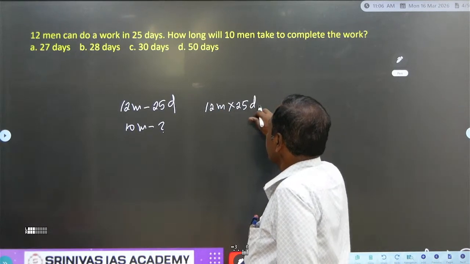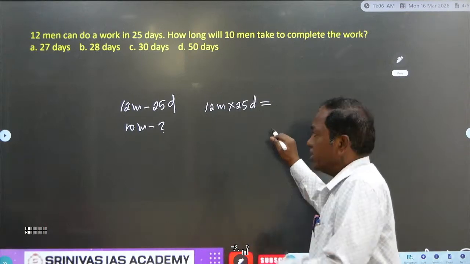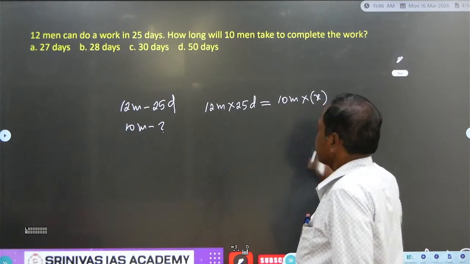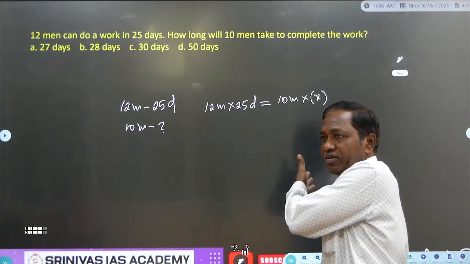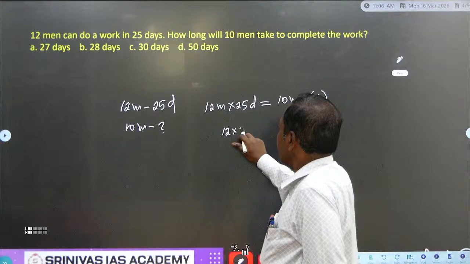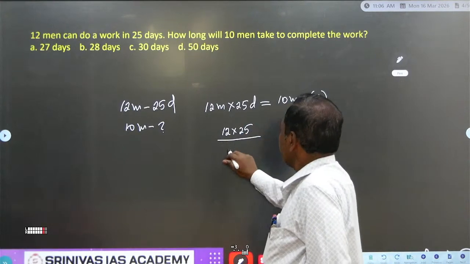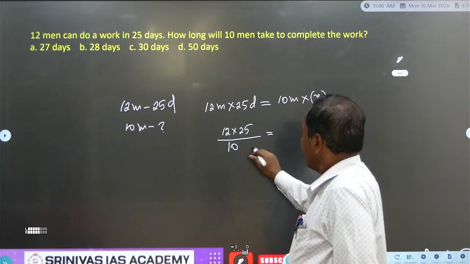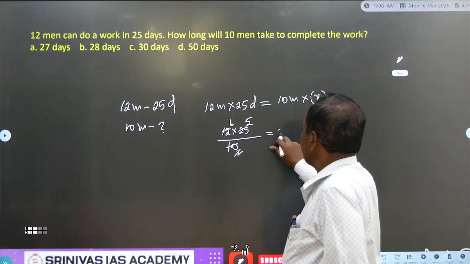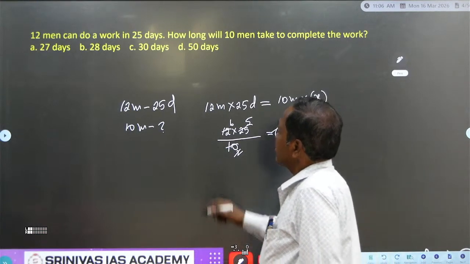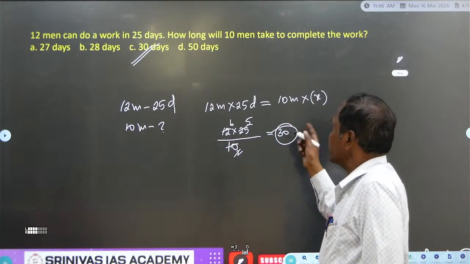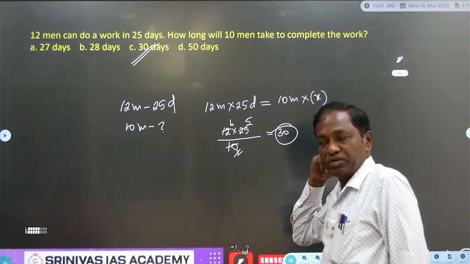If you write the equation, we write 10 men into x. Leave the x there itself: 12 into 25 by 10. How much is it? 30. Option C. LHS equal to RHS can also be written. I have shown both methods.